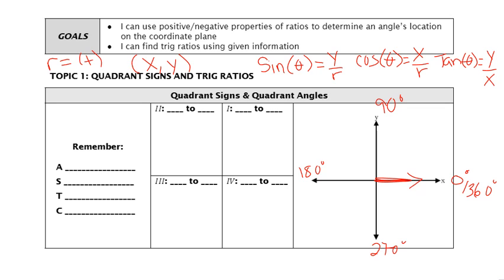So what happens then is, depending on what quadrant we're in, that's going to tell us if sine, cosine, or tangent is going to be positive or negative, and so forth. So quadrant 1, we already said, was between 0 and 90.